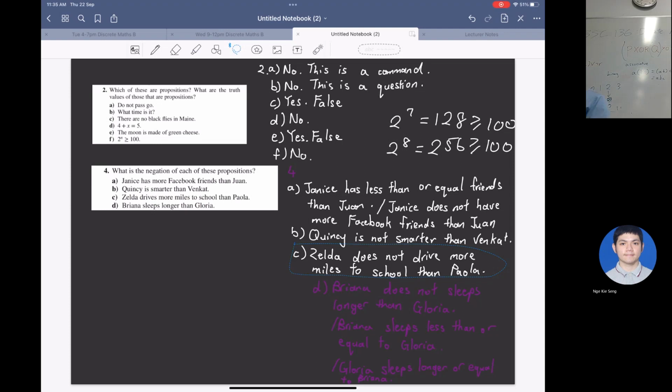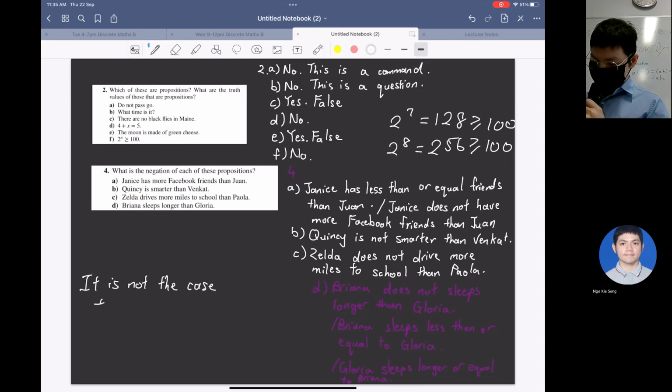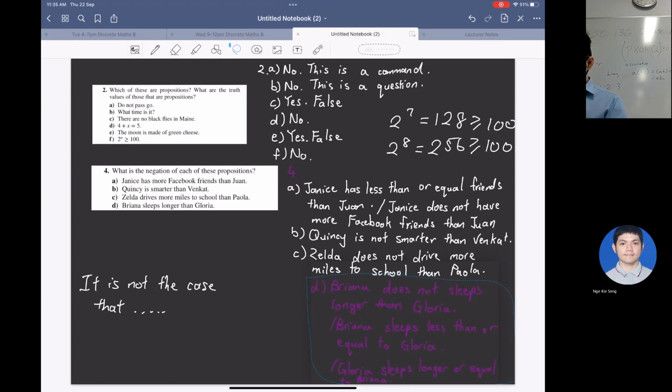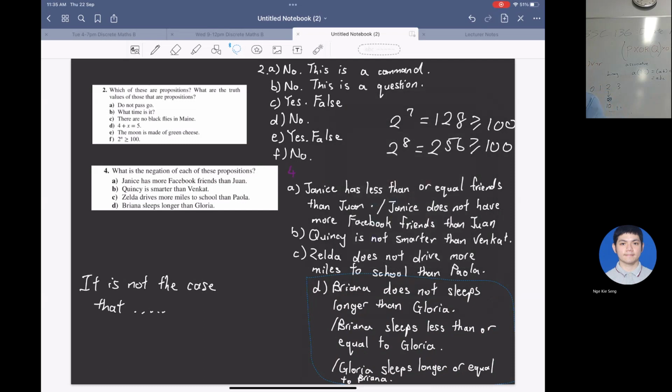Okay, so it is not the case that Brianna sleeps longer than Gloria. What other forms can you say? Maybe Brianna does not sleep longer than Gloria, or Brianna sleeps less than or equal to Gloria, or Gloria sleeps longer or equal than Brianna. Okay.